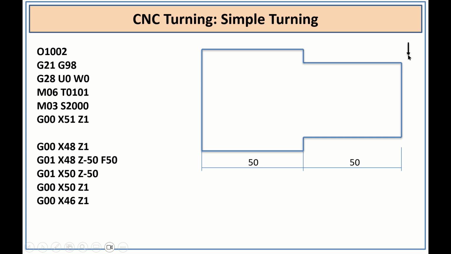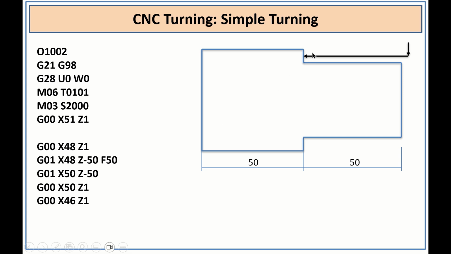Now the tool is here and it needs to travel from this place to where Z is equal to -50. So I am giving G01, that is linear interpolation, X48, Z-50 and F50. F50 indicates the feed in mm per minute.